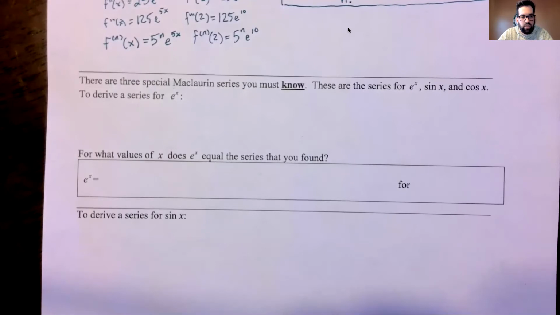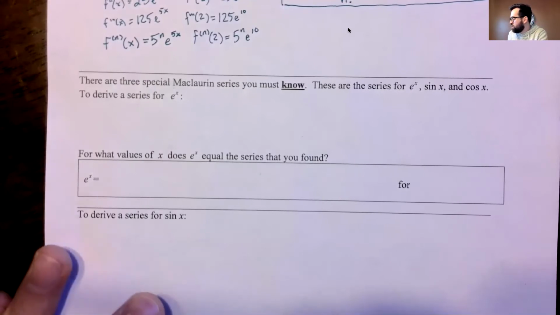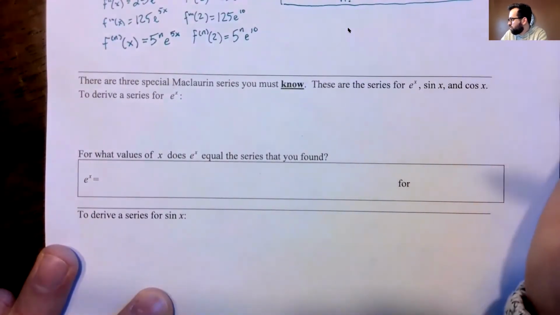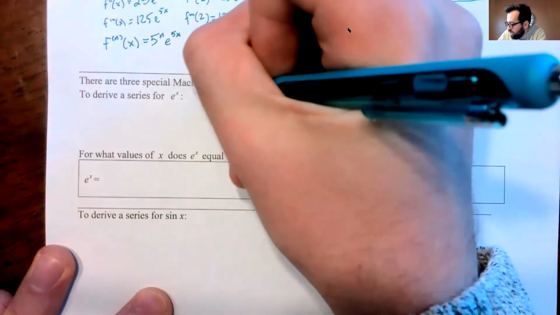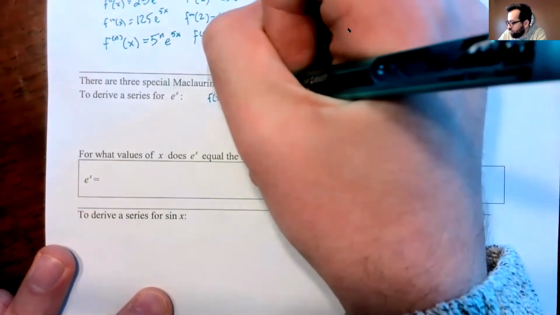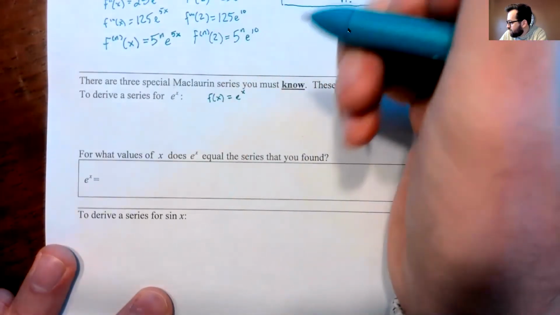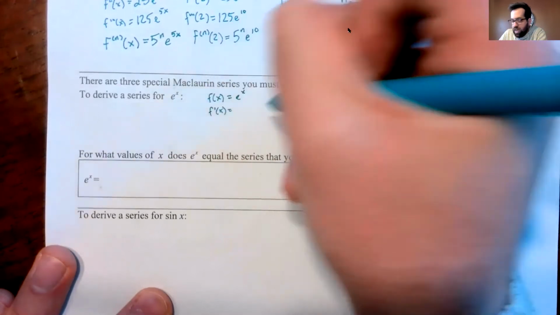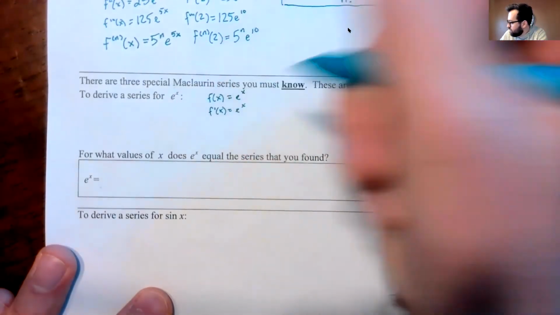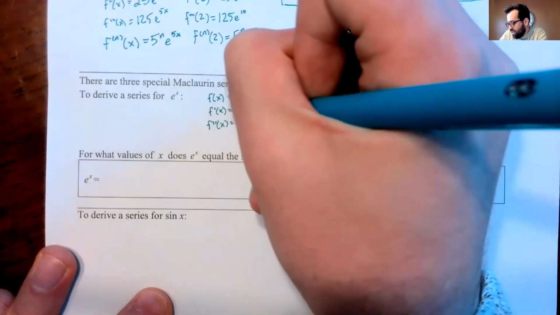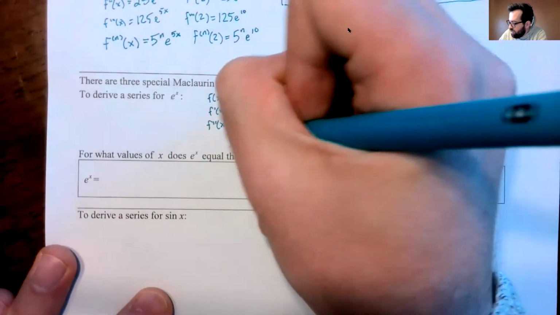You just have to kind of memorize a little bit, but we'll get to that. So let's just try to derive e to the x. Just like we did up top, we're going to find the general Maclaurin series for e to the x. For e to the x, the initial function is e to the x, and the first derivative of e to the x is e to the x, and the second derivative of e to the x is e to the x, and so on.